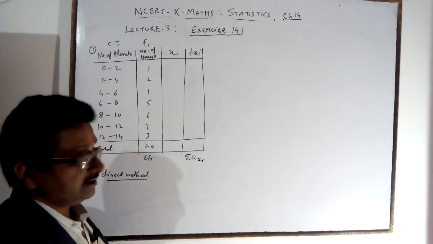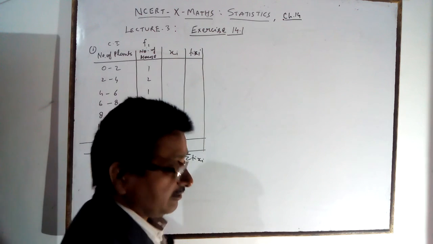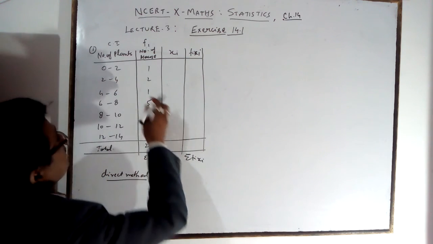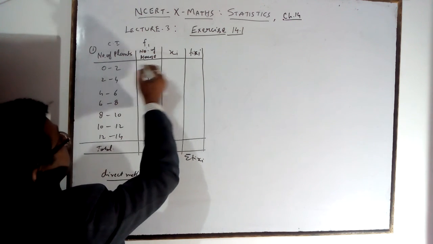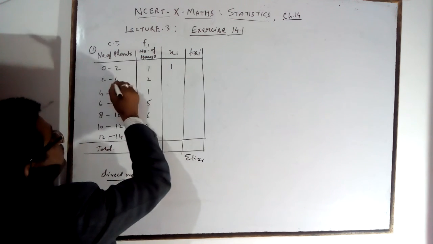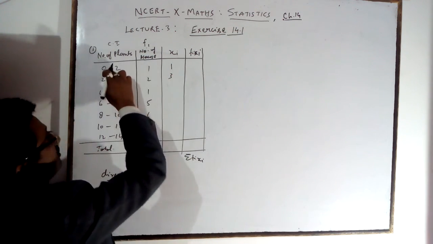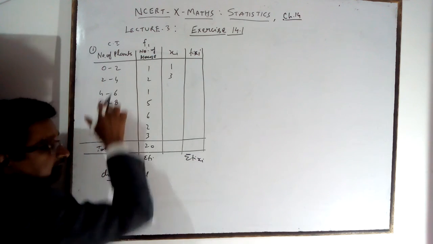Sigma fi is given. You want to find out the mean number of plants per family. For this calculation, you will calculate xi: 0 plus 2 by 2 is 1, 4 plus 2 is 6 by 2 is 3. So the gap between the two means the class size is 2.